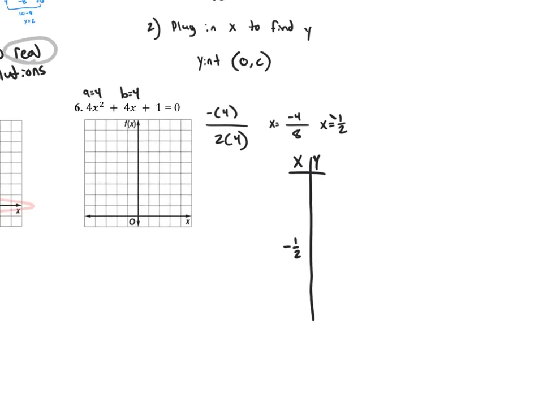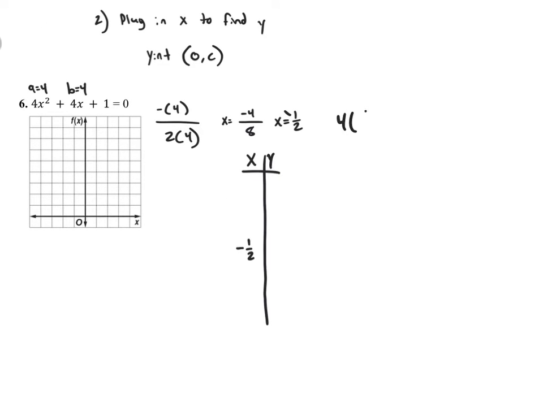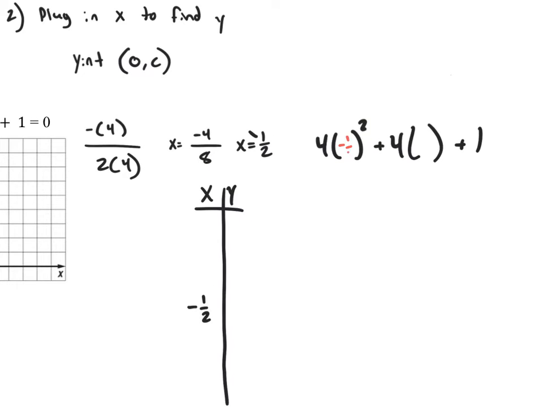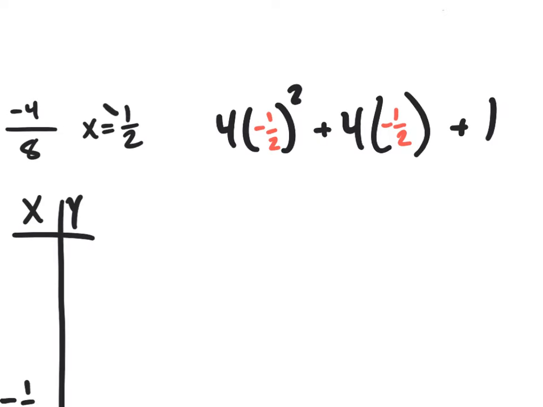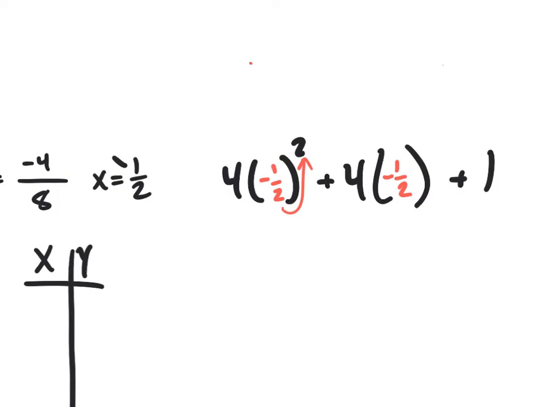To find the y-coordinate for our vertex, we're going to need to plug in the negative 1/2. But it's not going to be as bad as you think. Negative 1/2 squared is negative 1/2 times a negative 1/2. We know that we multiply fractions straight across. So when we do that, the 4 is still there.